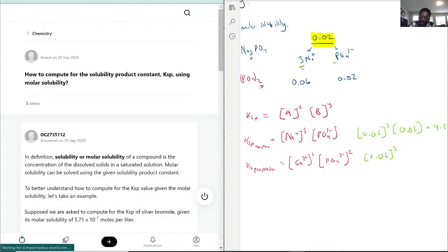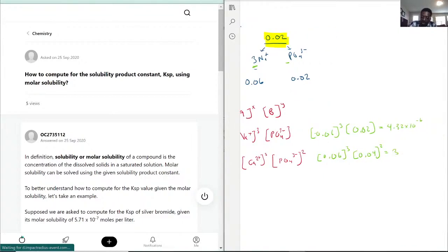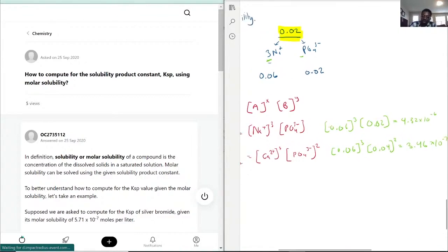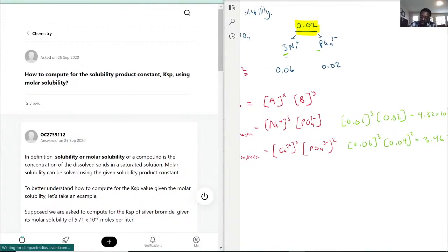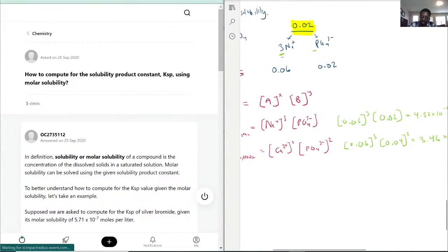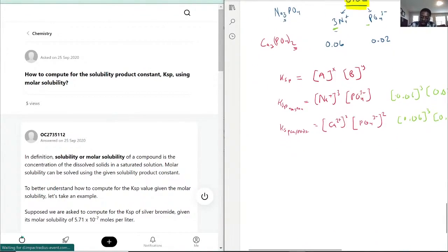But now remember, because of the coefficient, the phosphate is going to be double that amount, so it'll be 0.04 squared. When you multiply that together, you get 3.46 times 10 to the negative 7. That's why it's very important to do these steps, because at first glance you wouldn't be able to tell what that Ksp value would be.